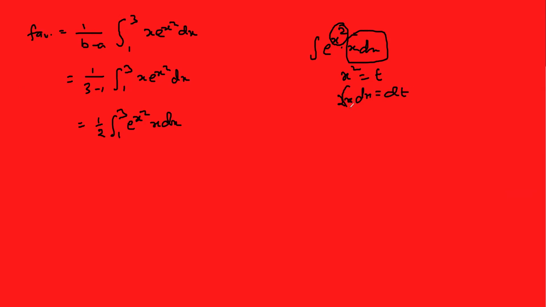So you are getting x dx, then it becomes e raised to t and x dx is replaced by dt by 2. That's it. Now you can integrate simply.